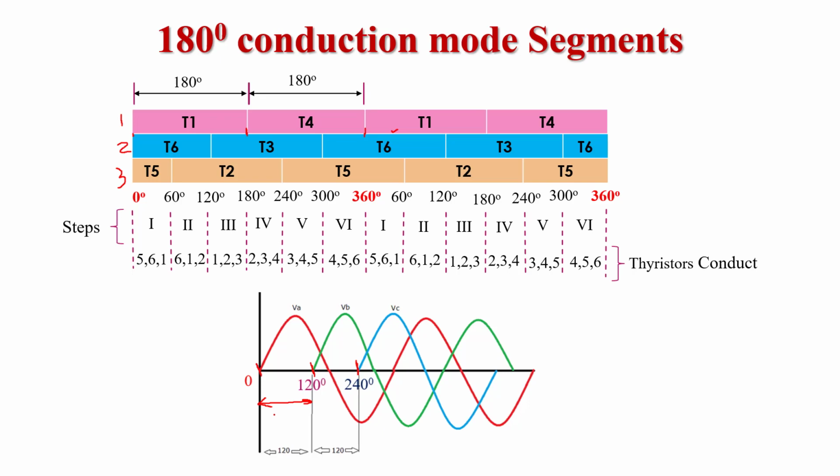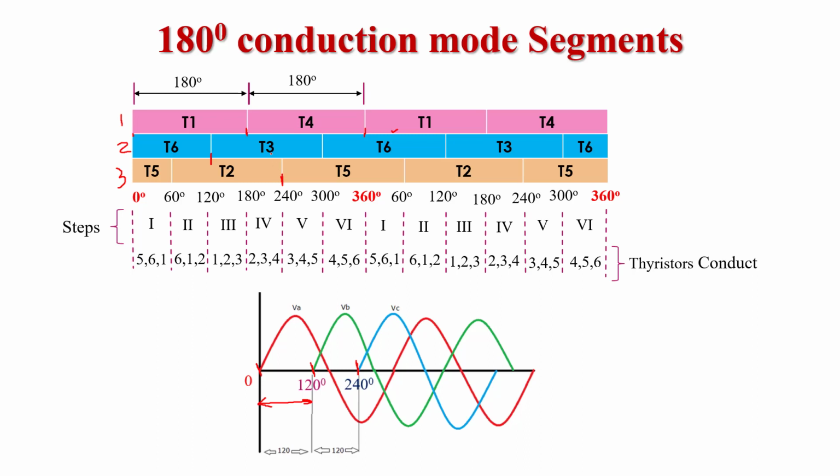So this will be applicable here also. If the T1 thyristor of phase A starts conducting from 0 degrees, the T3 thyristor of phase B starts conducting from 120 degrees, and T5 starts conducting from 240 degrees.